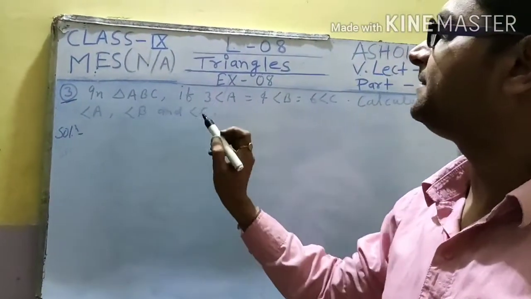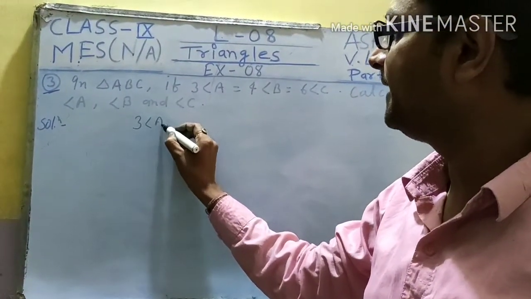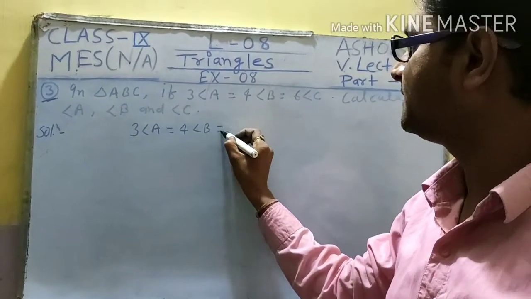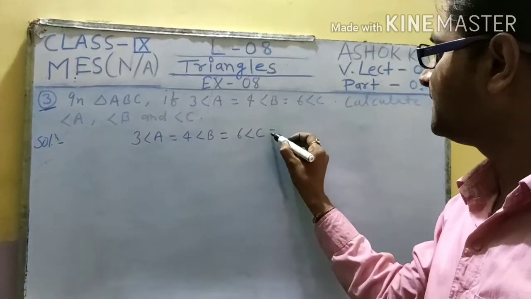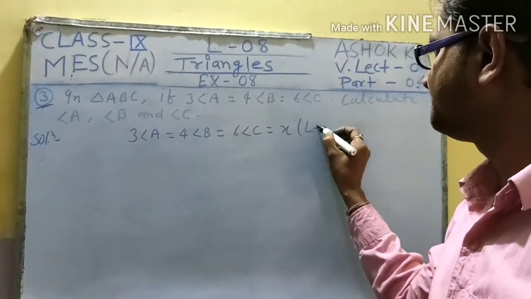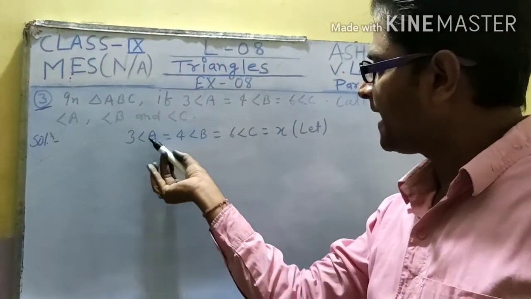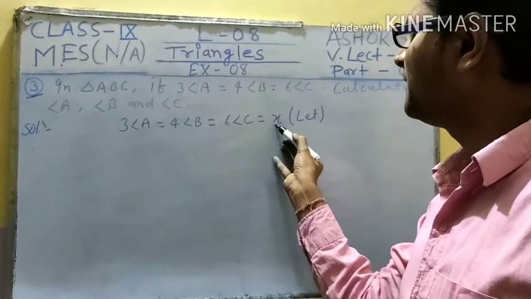In triangle ABC, if 3 times of angle A is equal to 4 times of angle B is equal to 6 times of angle C is equal to x, let, because all values, that means angle A, angle B and angle C, are equivalent to one variable.